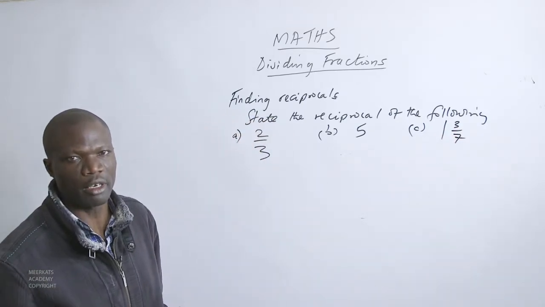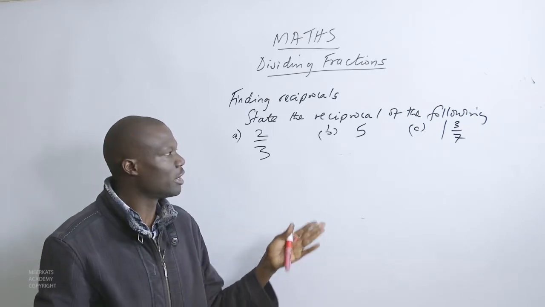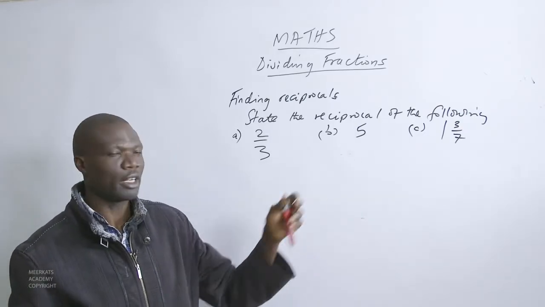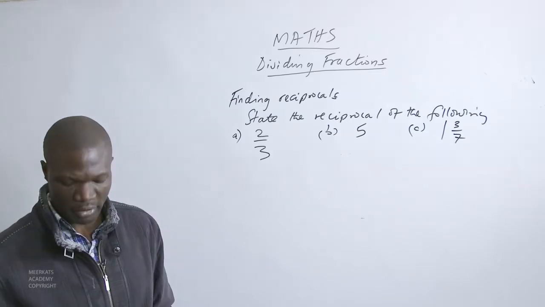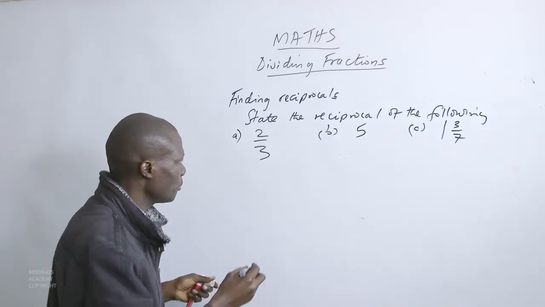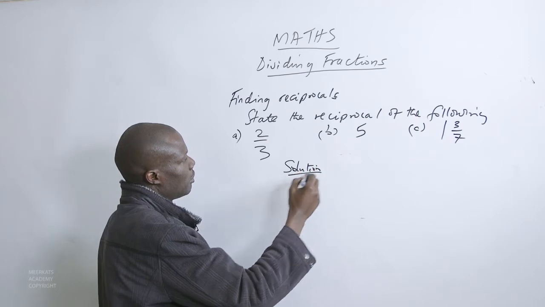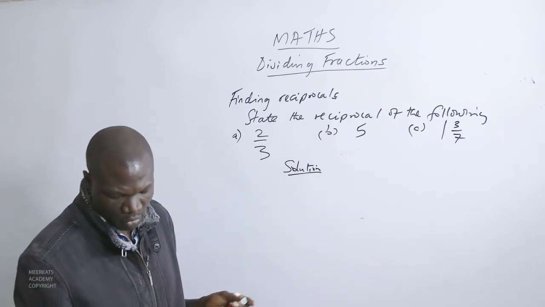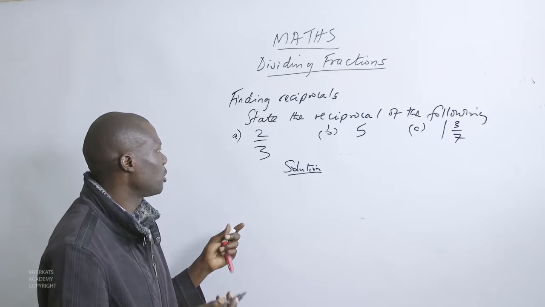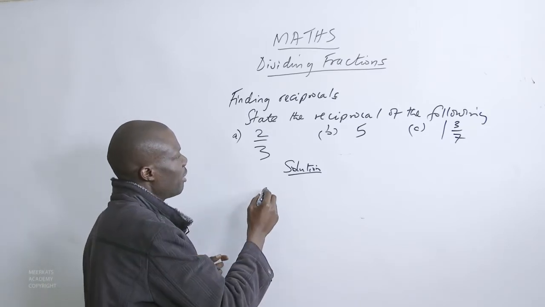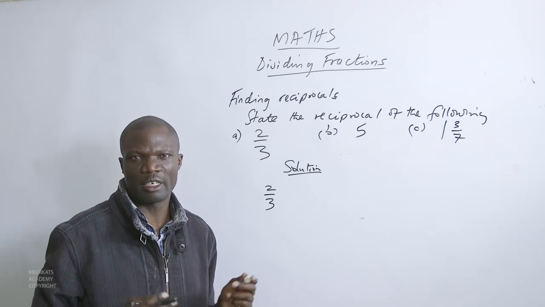So in our question, we have: state the reciprocal of the following: 2 over 3, 5, and a mixed numeral of 1 and 3 over 7. In our solution, from the first general observation of reciprocal, we said if we have a number like 2 over 3, it is a fraction.